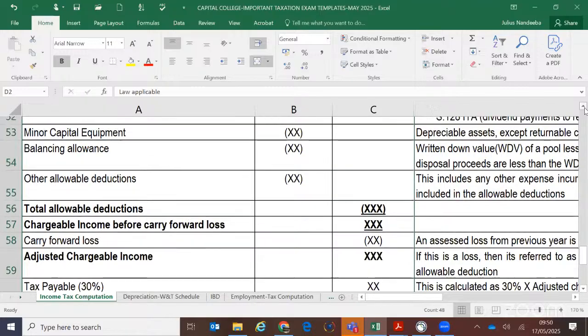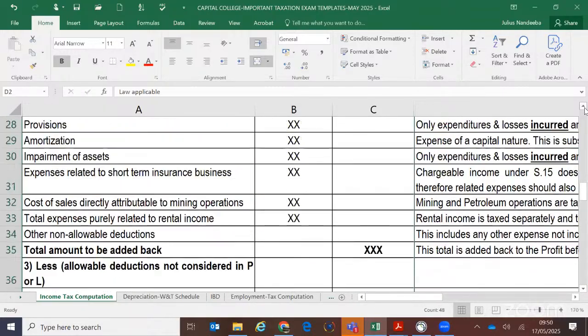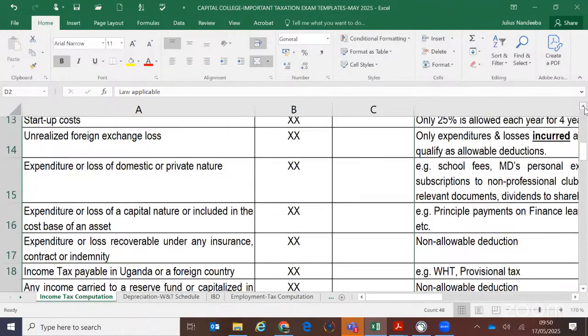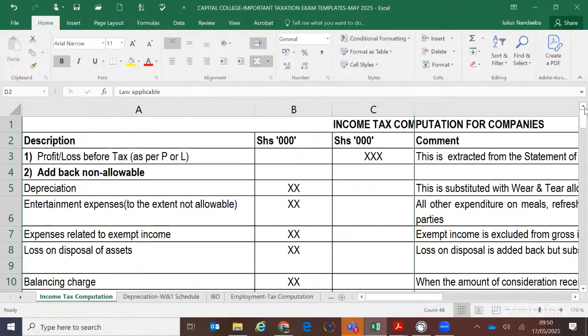Okay. So I have entered the exam, and my number one is on calculating chargeable income and tax payable. I first ask myself, am I dealing with an individual? Am I dealing with a company? Largely speaking, your number one is likely to be on a company. But even if it is on an individual, the difference is not big.